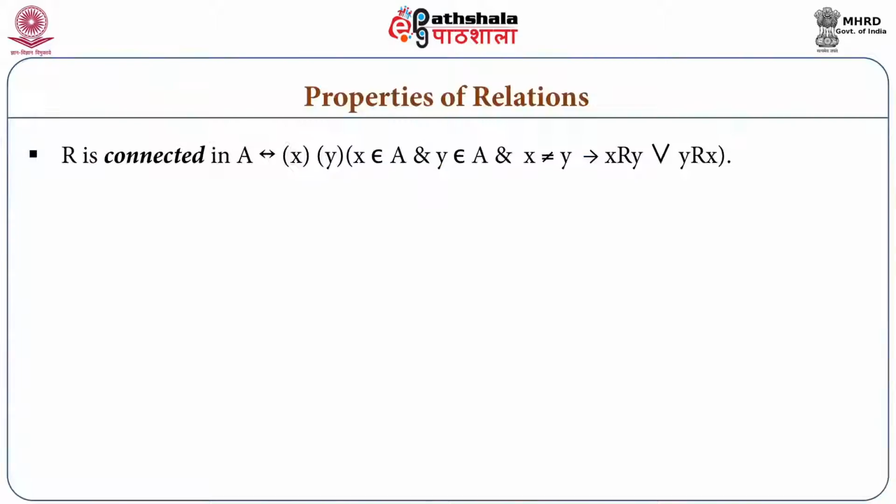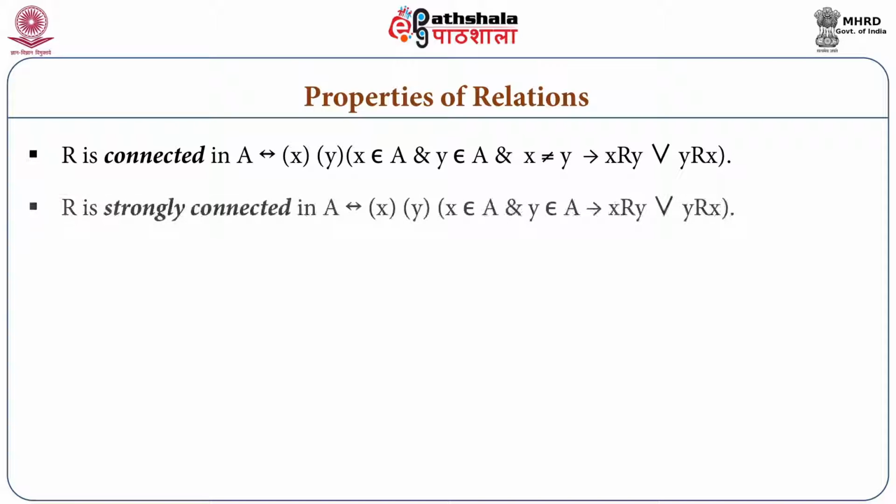Let us look at the technical definition. R is connected in a set A if and only if for all x and y, if x is a member of A, y is also a member of A, but x is not identical with y, then either x is related to y or y is related to x. Keep looking at the screen because in relation to this we can also define another property which is called strongly connected.